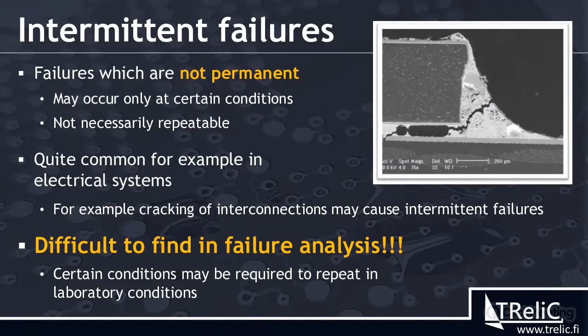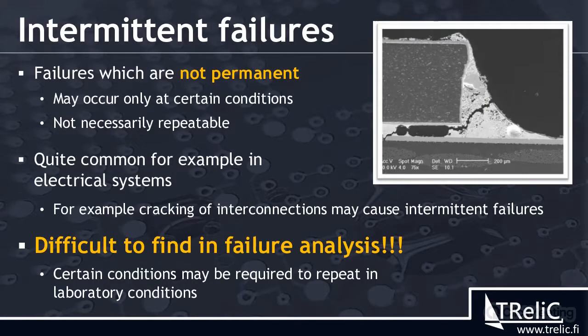Now, I also want to mention intermittent failures, because this is something we see very often, especially in electronics and electrical engineering. This is something which happens easily. What intermittent failure means is that the failure is not permanent. We see failure, for example, at certain conditions. For example, at high humidity, we have a failure, but then when the product dries, the failure is not there anymore.